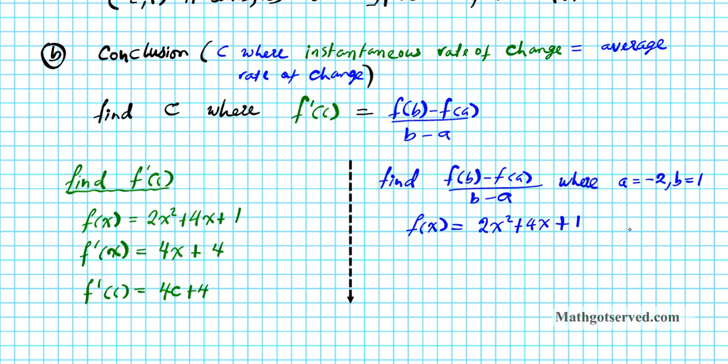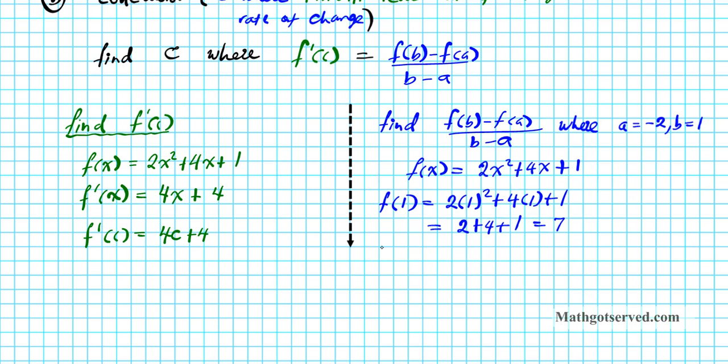Okay, so what on earth are we going to do now? Well, we're going to look for f of b and f of a. So let's start with f of b, or f of 1. f of 1 is 2 times 1 squared plus 4 times 1 plus 1. Using order of operations, 2 times 1 squared is 2, plus 4, plus 1. So 2 plus 4 is 6, plus 1 is 7.